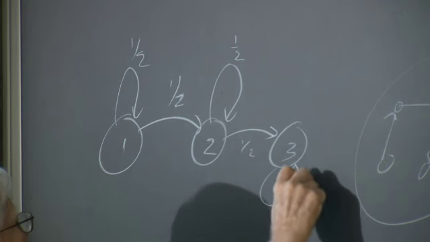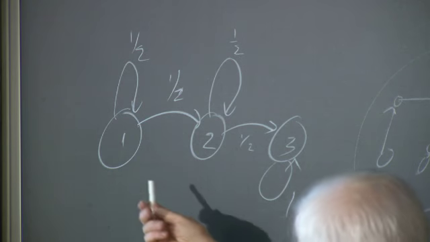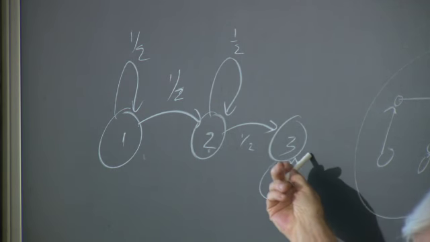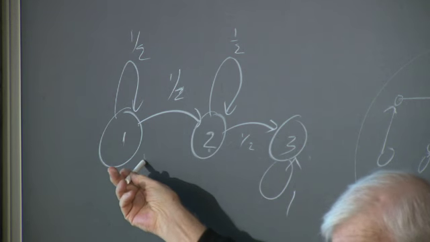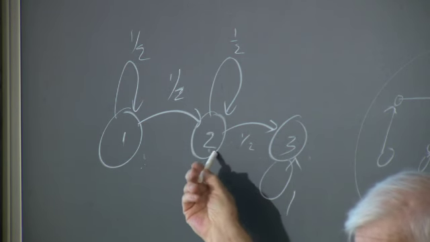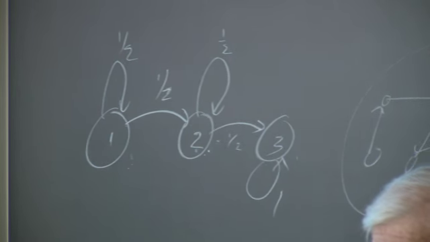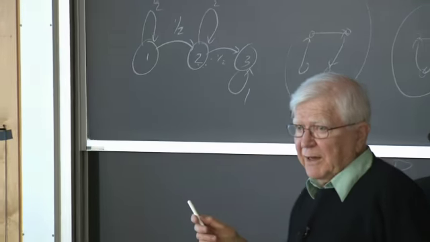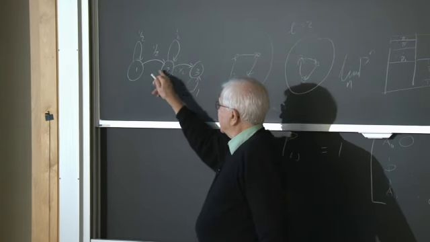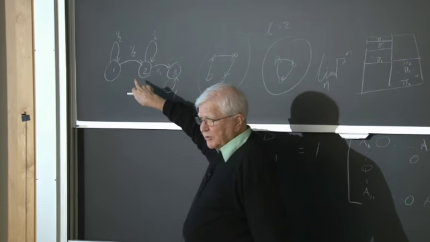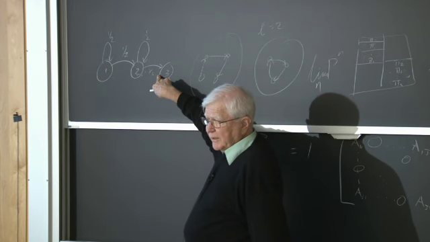And state 3, you just stay there. So the amount of time that it takes you to get to steady state is the amount of time it takes you, if you start in state 1, to make this transition eventually, and then make this transition eventually. And the amount of time that it takes you to do that is the sum of the time it takes to go there plus the time it takes to go there. So you have two random variables.